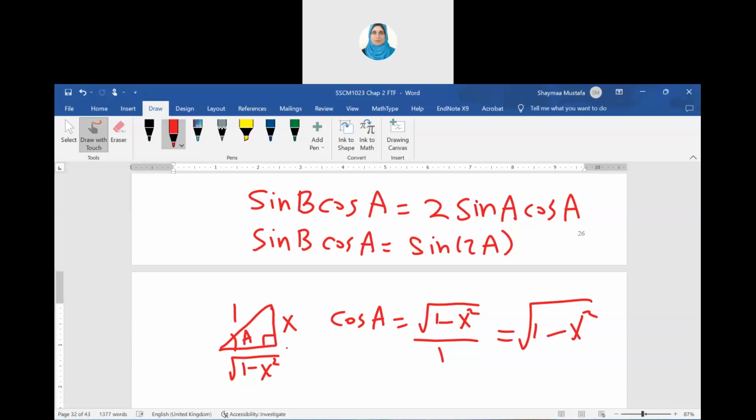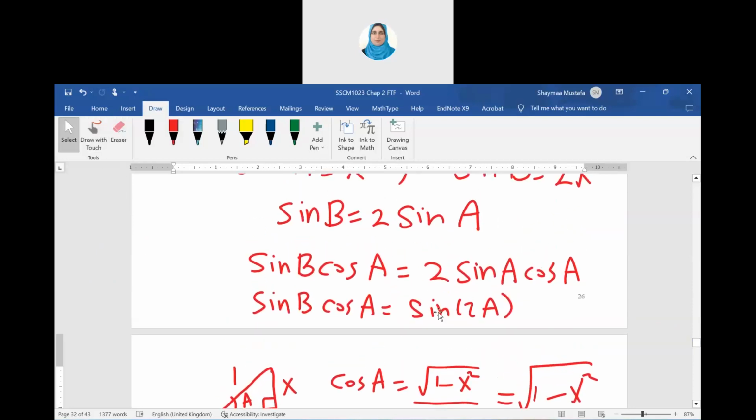Okay, what about sine 2a? How can we calculate sine 2a?